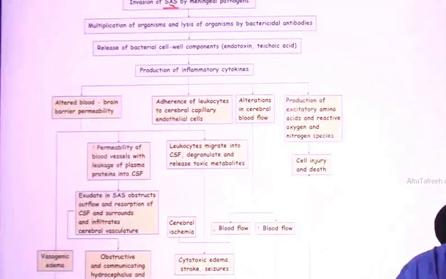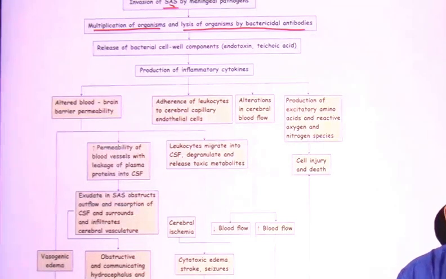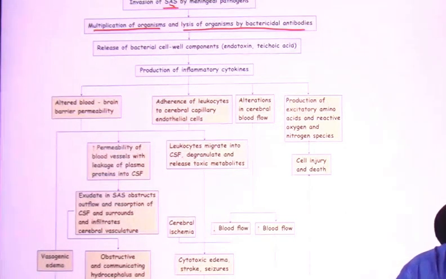Then there is multiplication of the organisms and lysis of the organisms by the bactericidal antibodies, if at all they are present. Naturally occurring antibodies are also there, and if they are fewer in number, they can be handled by our natural antibodies also.